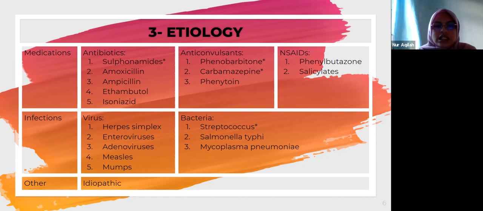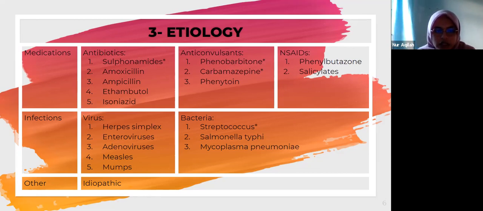For anticonvulsants, the most common is phenobarbital, and also carbamazepine and phenytoin can predispose to and cause SJS/TEN. NSAIDs such as phenylbutazone and salicylates can also cause it. For infections, the viral causes include herpes simplex virus, enterovirus, adenovirus, measles, and mumps.